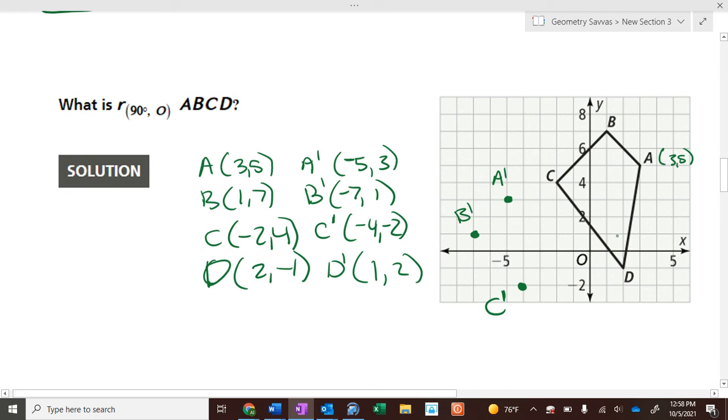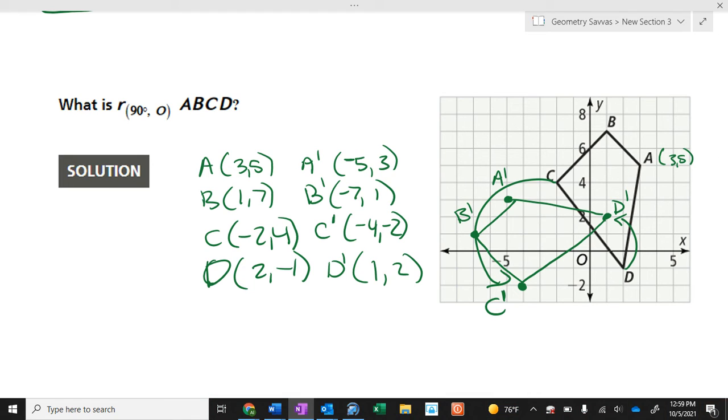So positive 1, up 2. So that's a 90-degree rotation because this rotated this way 90 degrees. So with a 90-degree rotation, they should wind up one quadrant counterclockwise from where they were. Okay?